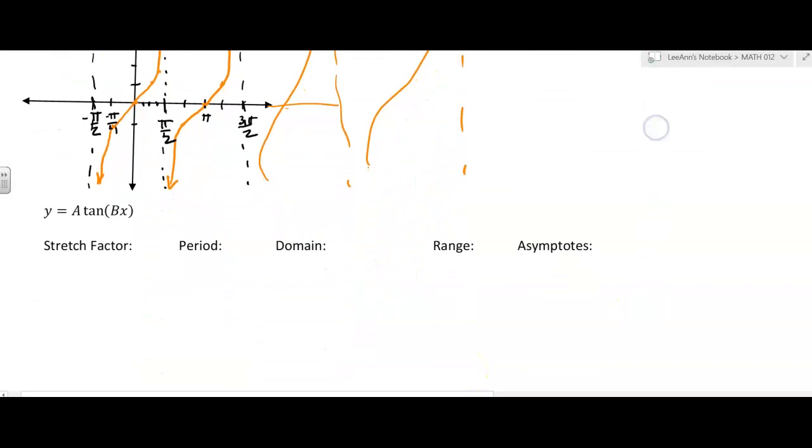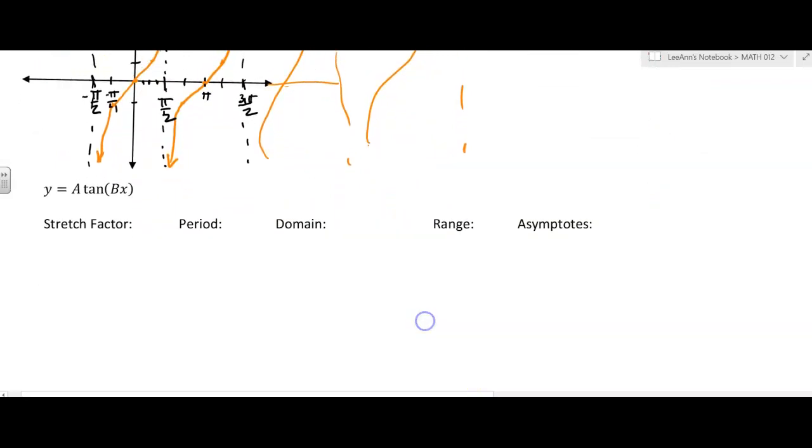Okay. So this then is the form for a tangent function if we have a stretch factor of a. Okay, so we can still stretch it. It also can be negative, and if a is negative, it's going to reflect about the x-axis. The period. Now, the period for tangent, so this is kind of a big deal.